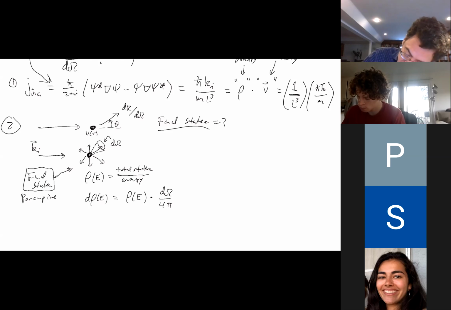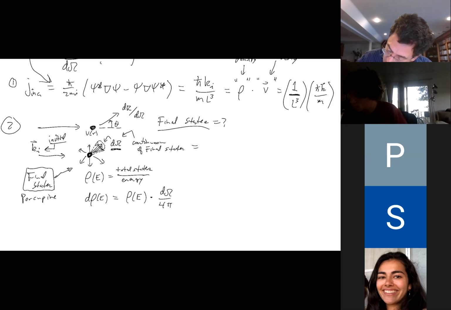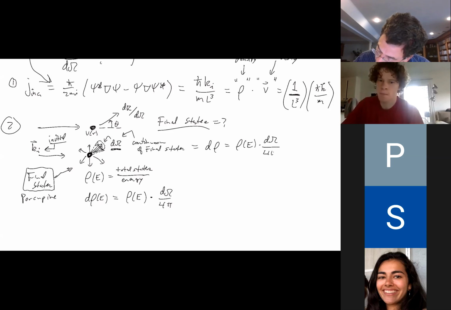So this is the initial state. We're starting in a well-defined initial state, but we're ending up in this dense continuum of states in d omega. The continuum of final states is this: d rho is equal to rho, the total density of states, times d omega over 4 pi.